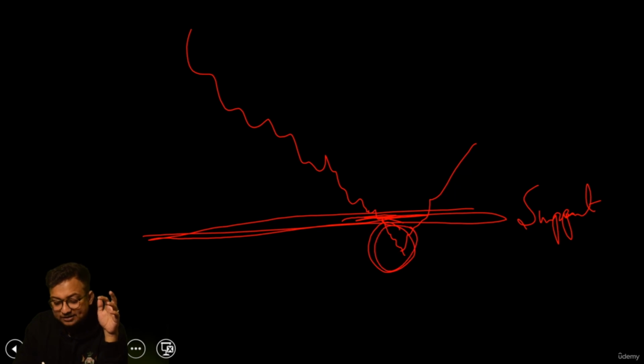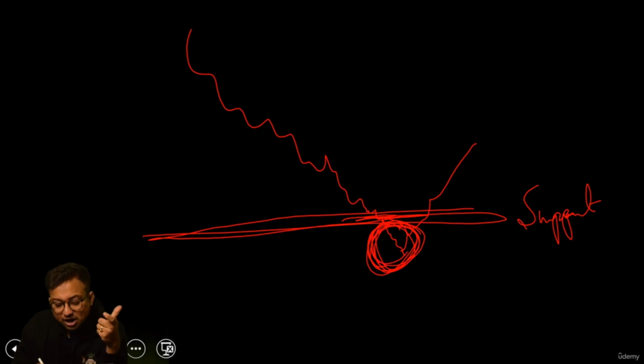Now all the bears are trapped. 100% of the people who have taken the short entry are trapped now, because this is basically a bear trap, right? Bear trap means, simple meaning, from the breakout, when the bears are trapped, you are bears now.